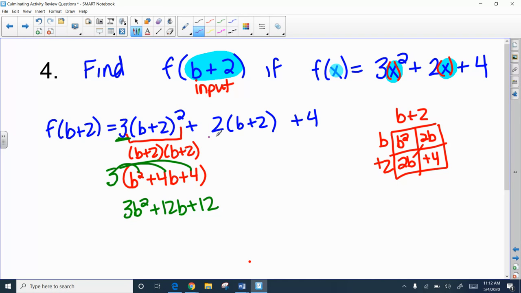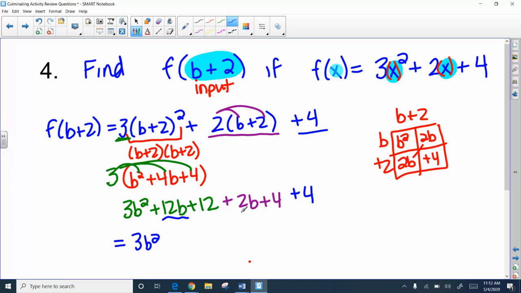Then we still have the rest of our function here. So right here, I have to distribute the 2. So plus 2b plus 4. And then we still have this plus 4. After I got rid of all the parentheses, now I just have to combine like terms. So we have 3b squared. Then I can combine the 12b and the 2b, so plus 14b.